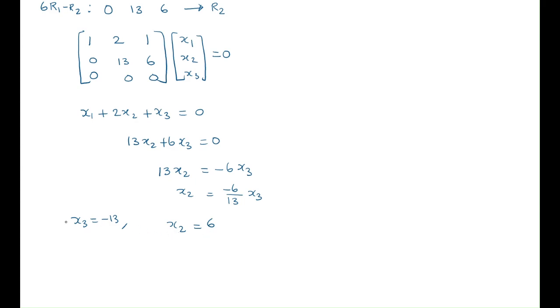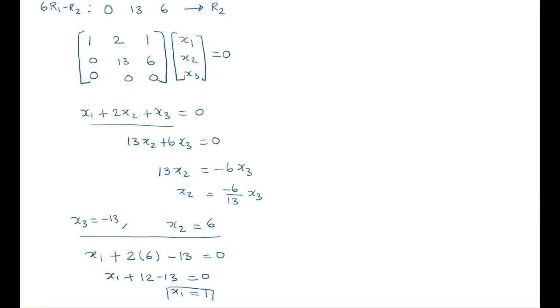Now, if I substitute these values in the first equation, I will have x1 plus 2 times x2, which is 6, plus x3, which is minus 13, equal to 0. So this is x1 plus 12 minus 13 equal to 0. Otherwise, x1 minus 1 equal to 0 or x1 equal to 1.